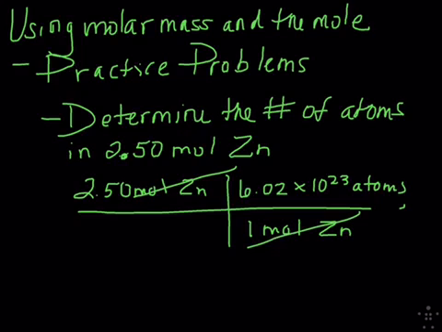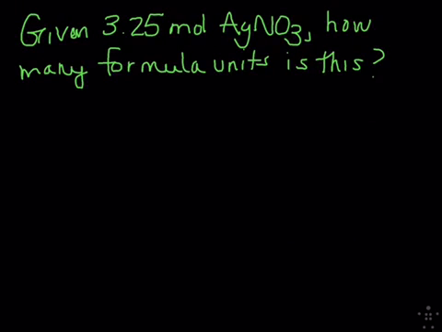Those cancel out. I still end up multiplying, don't I? So that's another way that you can do it. And like I said, it's good to get into this habit because you'll be doing longer strings of these as we go. Try that practice problem on your own.